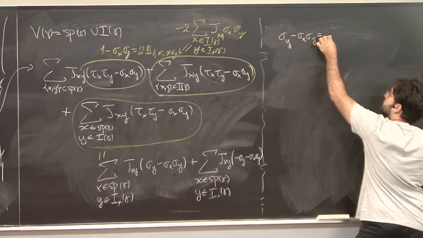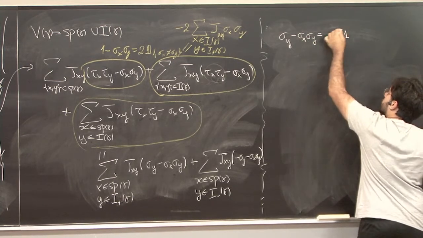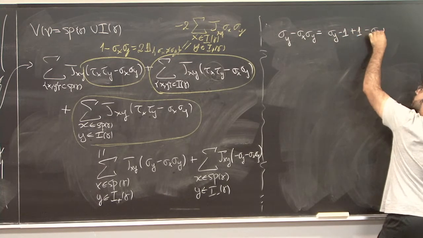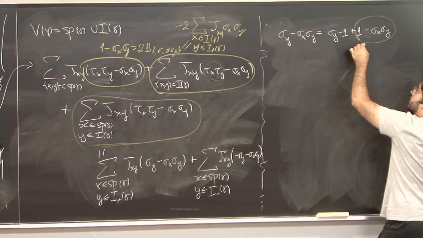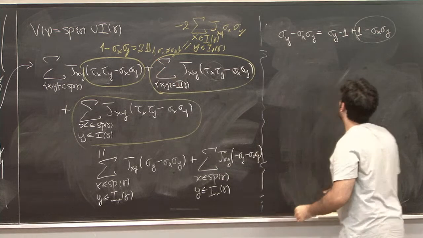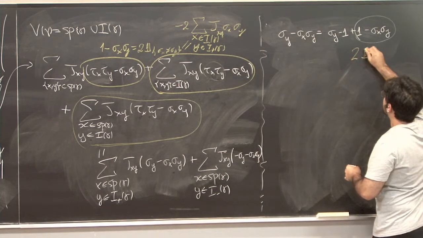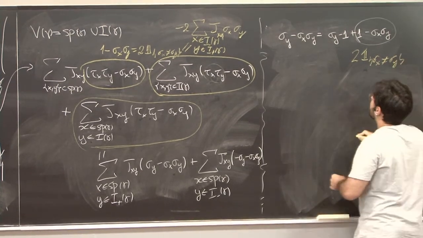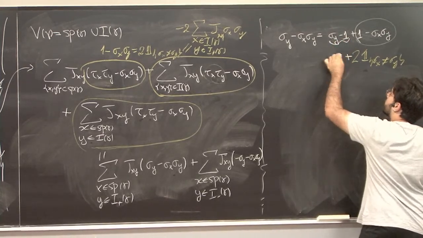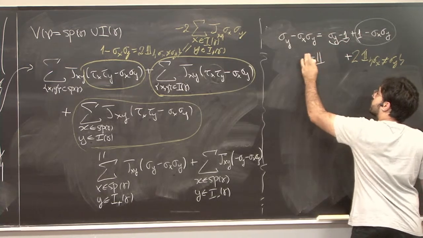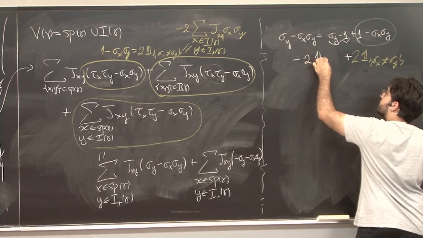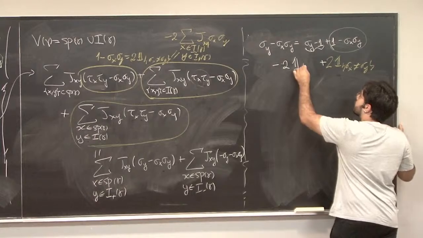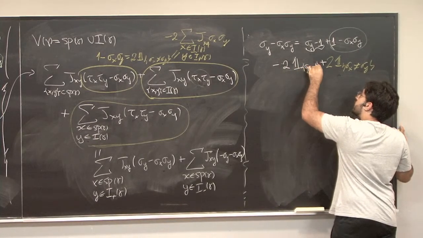If I just sum and subtract 1, then I get that this term will also be equal to this one, so this will be 2 times the characteristic of sigma x different from sigma y, and this one right here I can write as minus 2 times the characteristic of the set of sigma y being equal to minus 1.